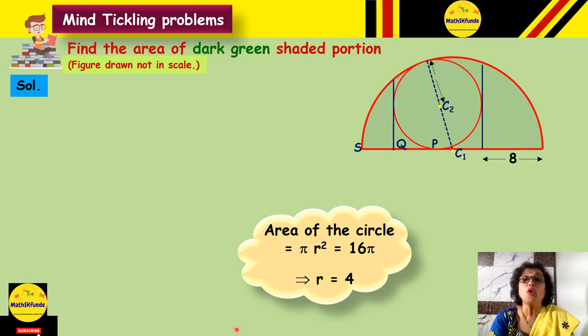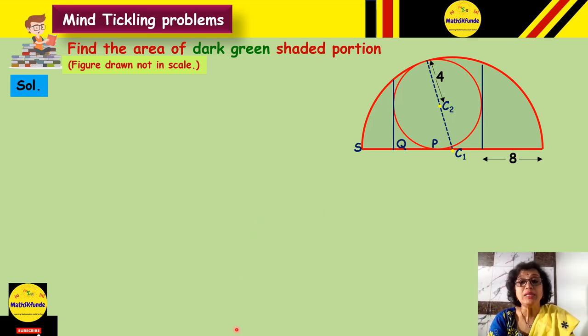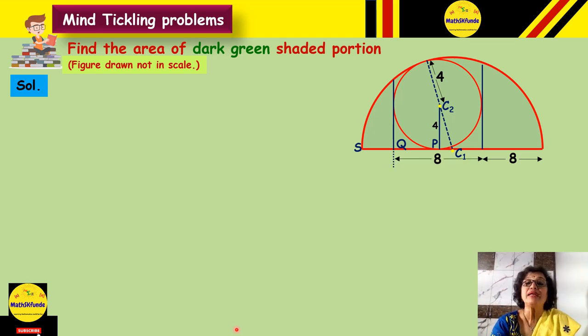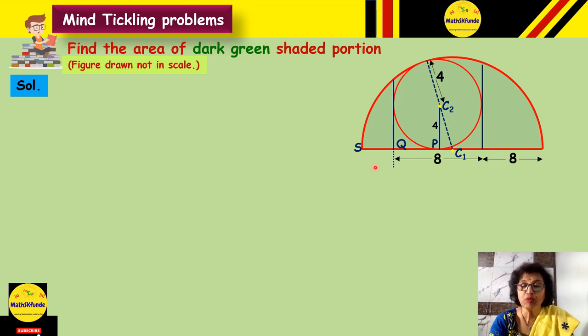It means the radius of the inscribed circle is 4. That also leads to PC2 being 4. That may be needed later. Now, since the radius is 4, the diameter is 8, which I have shown here as 8. Only this SQ is left, which is unknown at this moment.